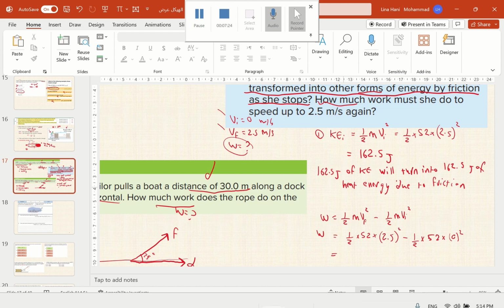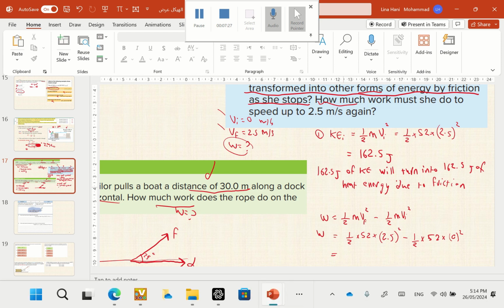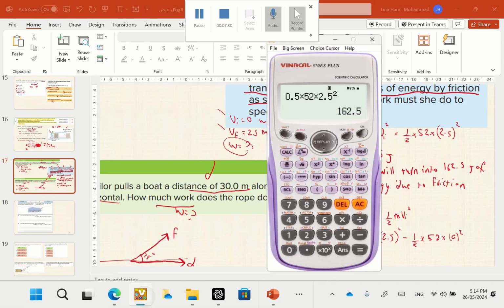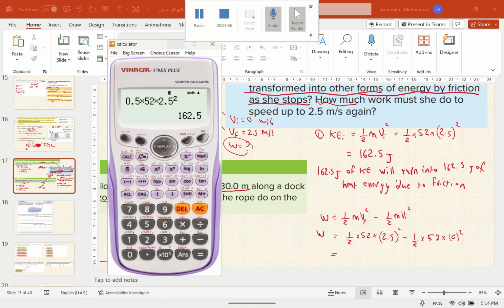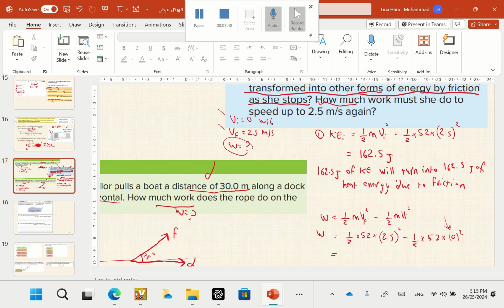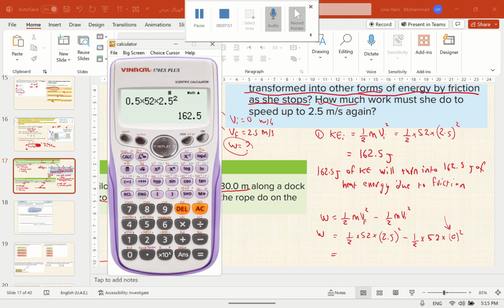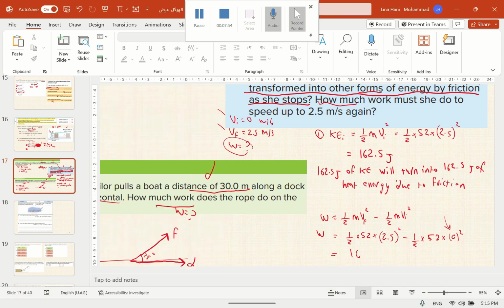So let's see how much work she needs to do in order to accelerate again to her initial speed of 2.5. 0.5 times 52 times 2.5 squared. This one obviously is 0 because we multiply by 0 here, so there's no need to put it on the calculator. So obviously I need 162.5 joules of work. Remember, the work needed to change the kinetic energy of an object is equal to the change in its kinetic energy. So it's just the same.